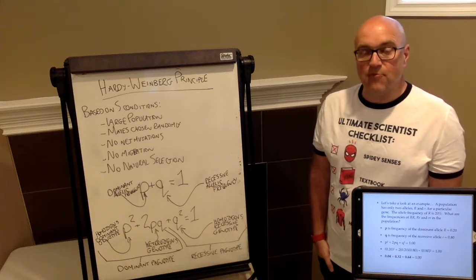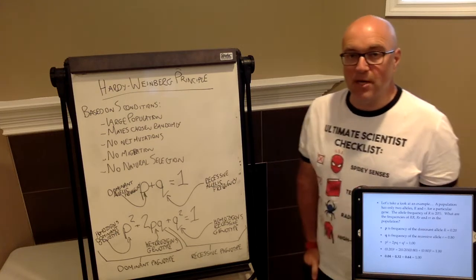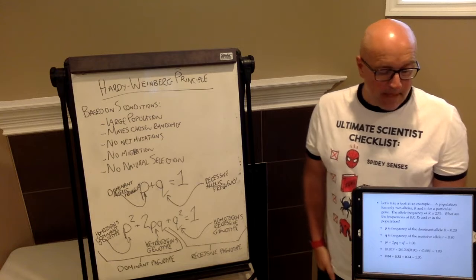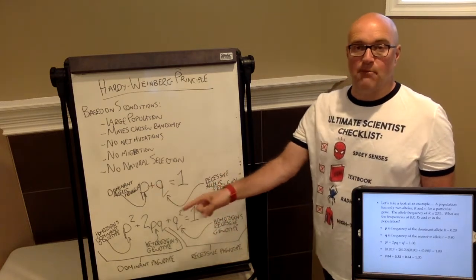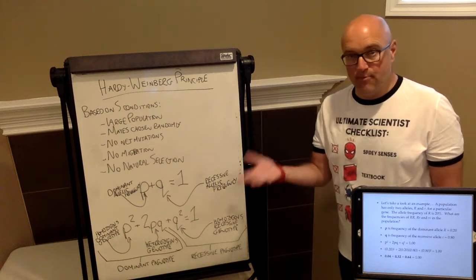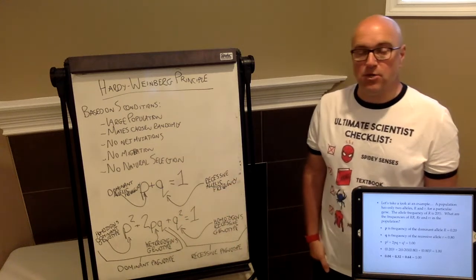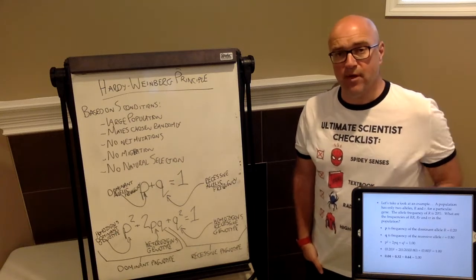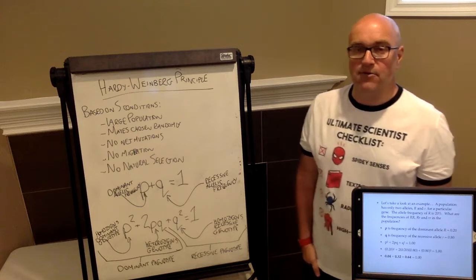So technically in this population, 4% of the organisms are going to be homozygous dominant. If I plug in 2PQ, I'm going to plug in 2 times 0.2 times 0.8. That's going to give me a value of 0.32. So 32% of the organisms in this population are going to be heterozygotes.